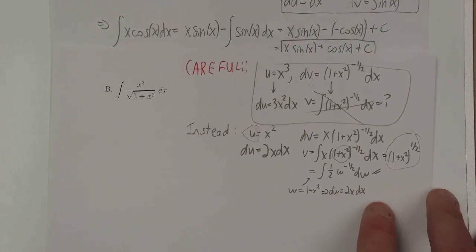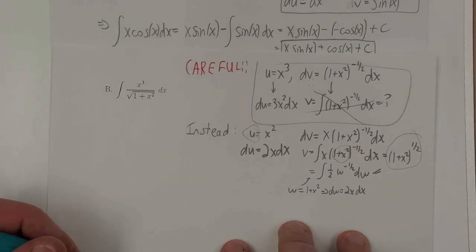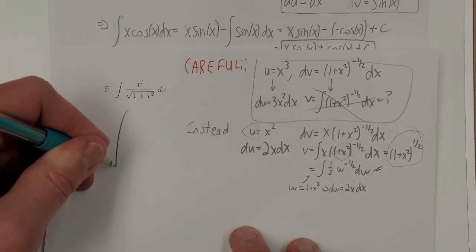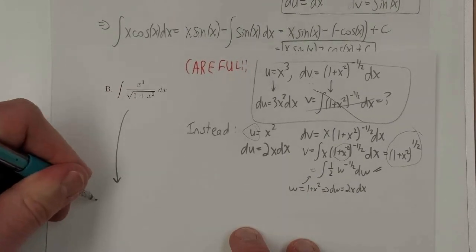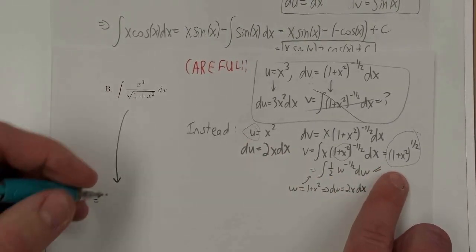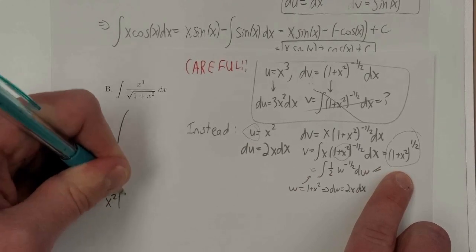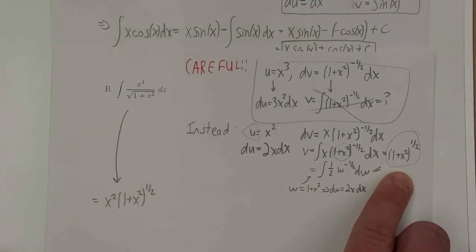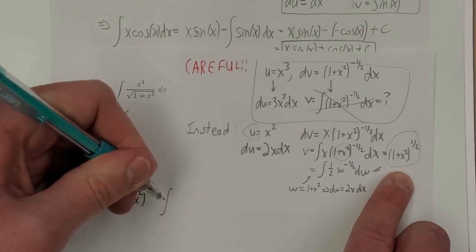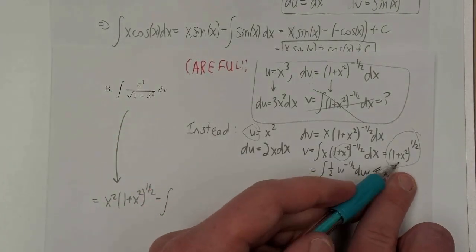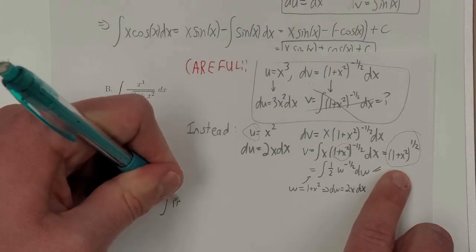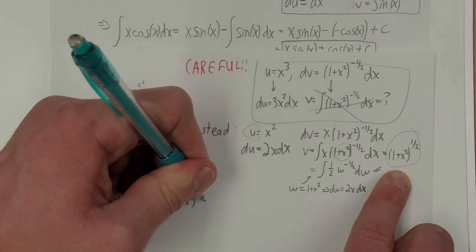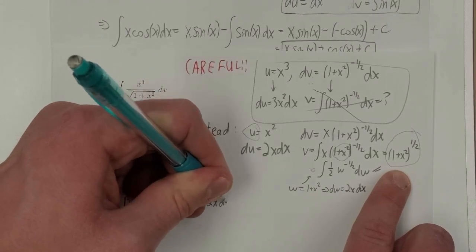But in any case, let's go back to our integral. If we apply the integration by parts formula, we have u times v, so we have x squared times 1 plus x squared to the positive 1/2, and then minus the integral of 1 plus x squared, so that's v, to the positive 1/2, times 2x dx, because that's du.